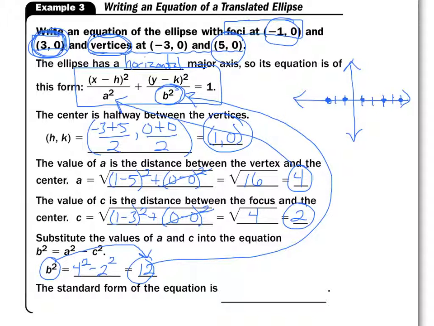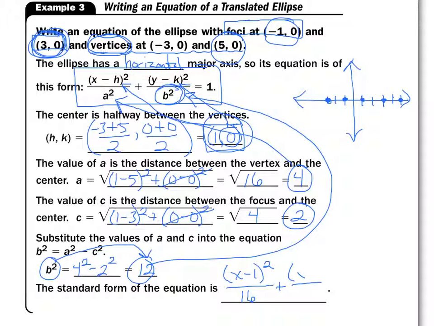So I'll go ahead and plug in my h comma k of 1 comma 0. So 1 is h, 0 is k. On top it would look like this: x minus 1 squared over, and then we already said our a squared is 16, plus, and then we have y minus 0.